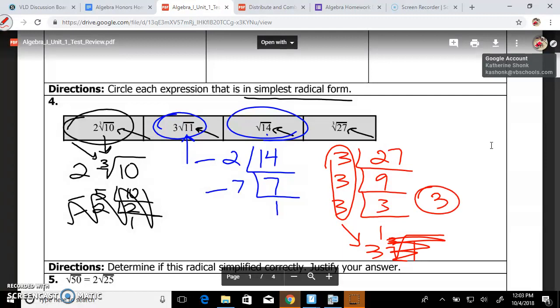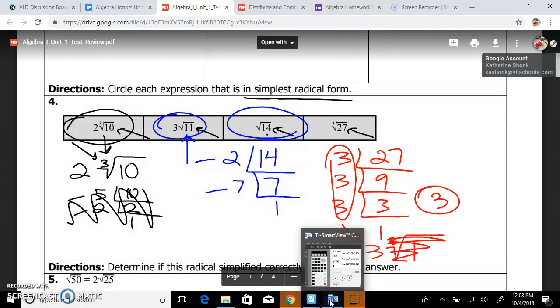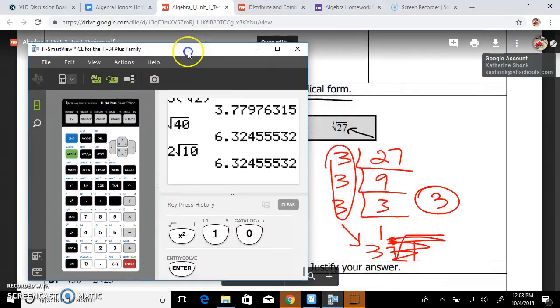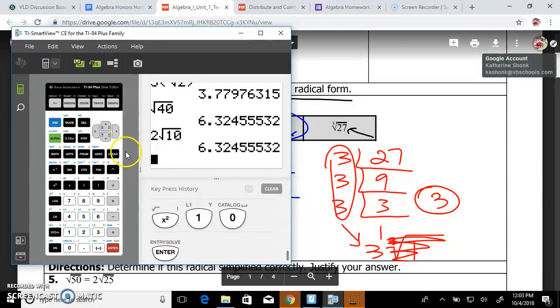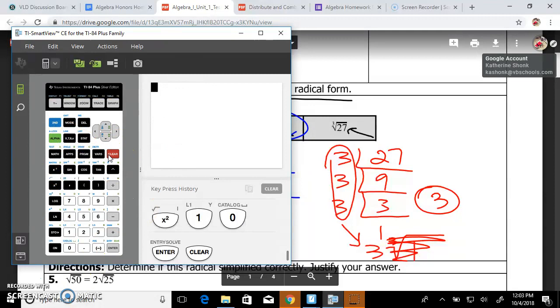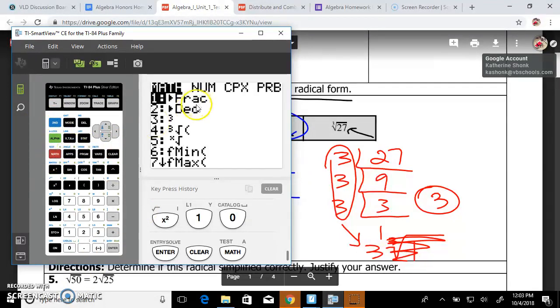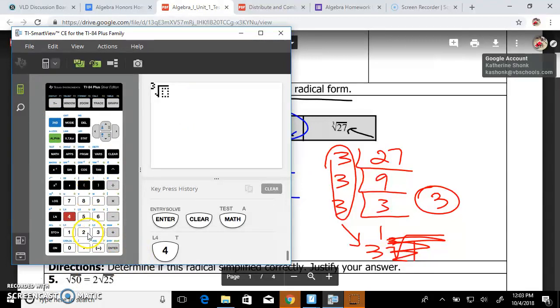Our answer is just 3. And anytime you have a cube root, check it in your calculator to see if it simplifies to a whole number like this one did. If you don't have your perfect cubes memorized yet, check it in your calculator. So let's check to see what we get when we do math and the cube root of 27.